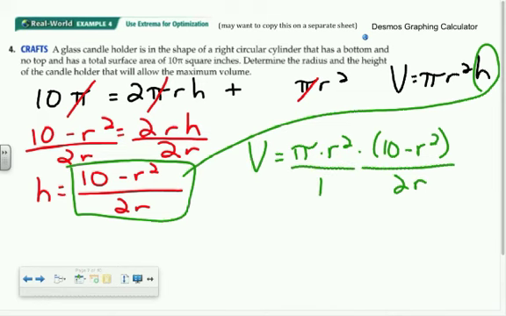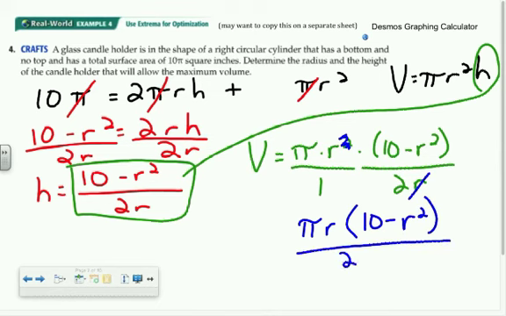And I can think of this as being over 1, and that means that I can simplify this equation a little bit and reduce my r and r squared, so that now I have pi r times 10 minus r squared over 2. And so that's the polynomial that I'm going to type into Desmos and find a relative maximum for, so that I can find the dimensions of a candle holder that will maximize the volume.